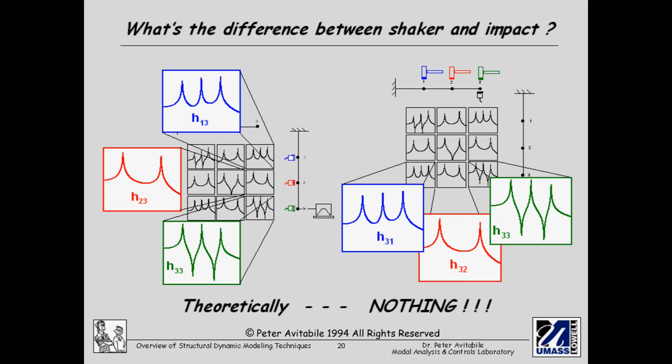In other words, that the H31 is exactly the same as H13, and H23 is exactly the same as H32. So since the measurements from a theoretical standpoint are essentially identical, there would be no difference in the mode shapes whether we did an impact test or a shaker test. Of course, this is from a theoretical standpoint. There are some measurement issues that I might have to think of that might distort this a little bit.